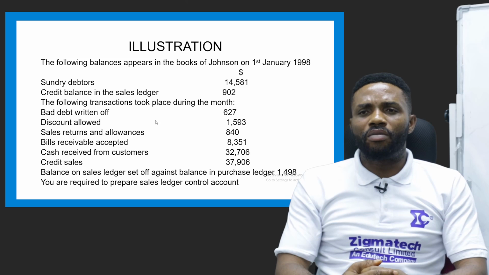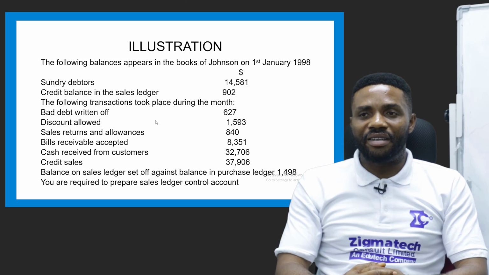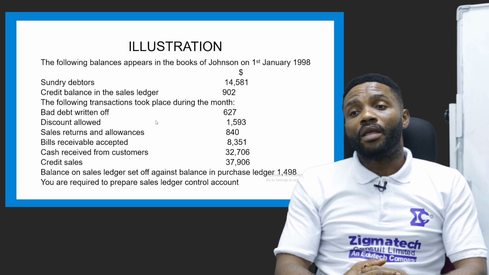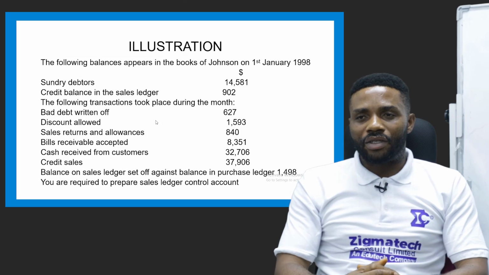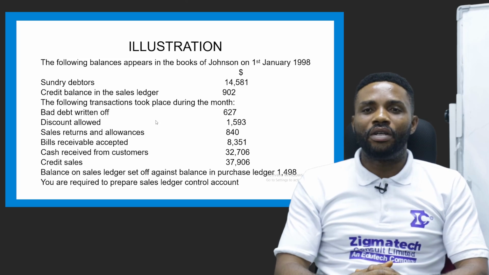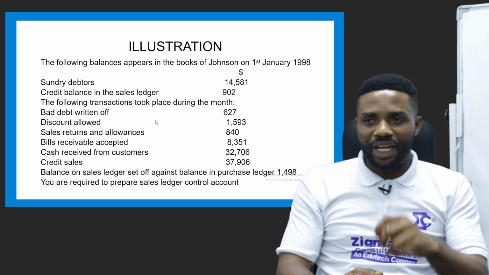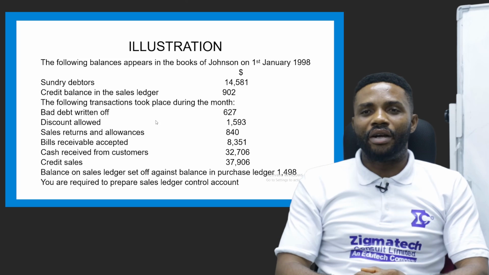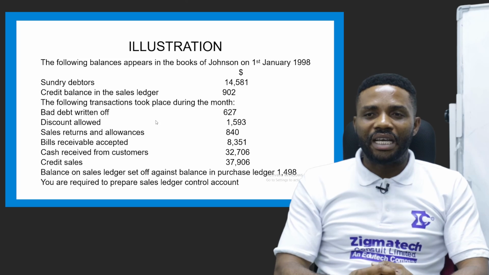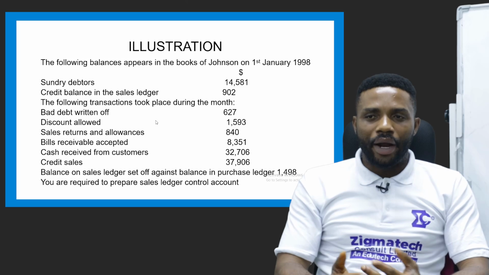Cash received from customers, $32,706. Credit sales, $37,906. While balance on sales ledger set off against balance in purchase ledger is $1,498. You are required to prepare the sales ledger control account.